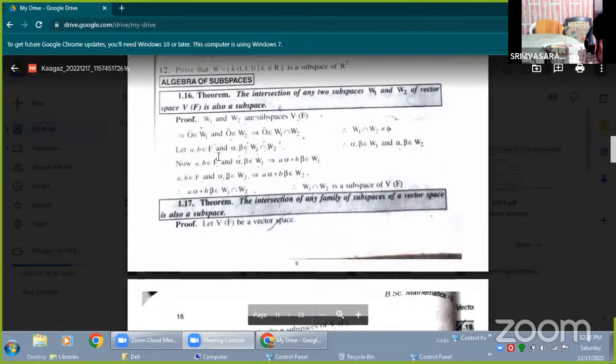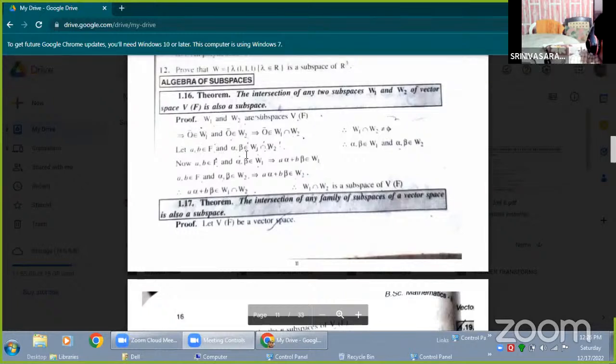Let a and b be any two field elements, and let alpha and beta be any two elements in the intersection of the subspaces. Therefore, alpha, beta belong to W1, and alpha, beta belong to W2. Since a, b are field elements and alpha, beta belong to W1, a alpha plus b beta belongs to W1.